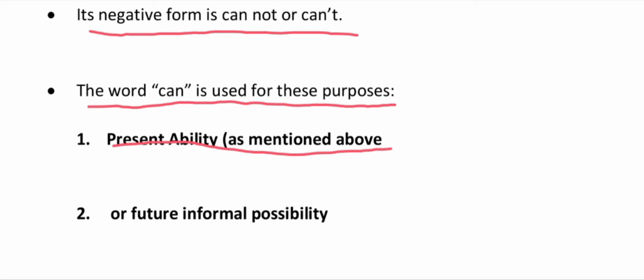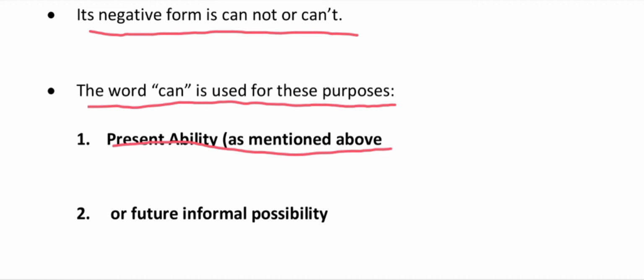I can play cricket, I can play hockey, I can walk, I can cook rice, I can teach English, I can speak Arabic, and all these examples can be used for present ability of someone. Or for example, you can play cricket, you can run for 10 miles in 10 minutes, and so many other examples. So can is used to talk about present ability of someone.